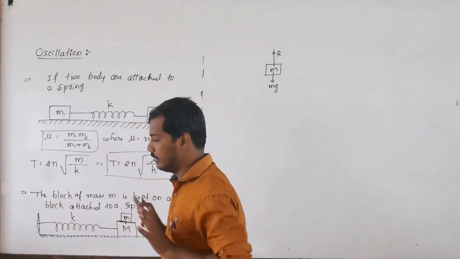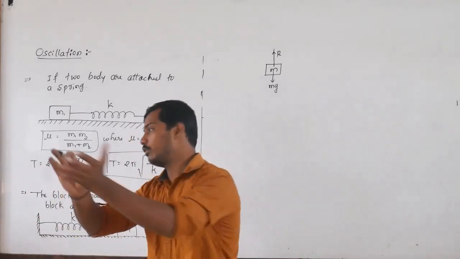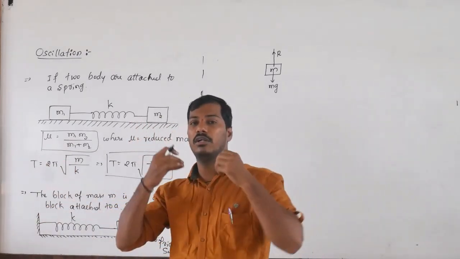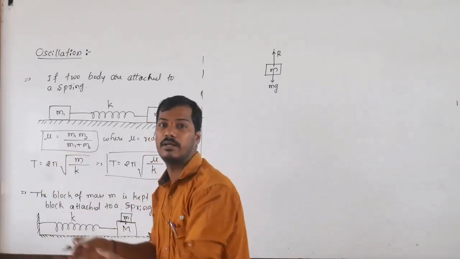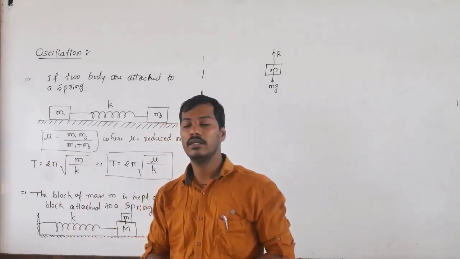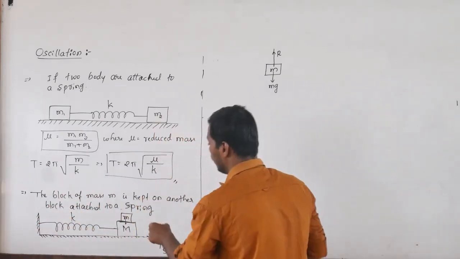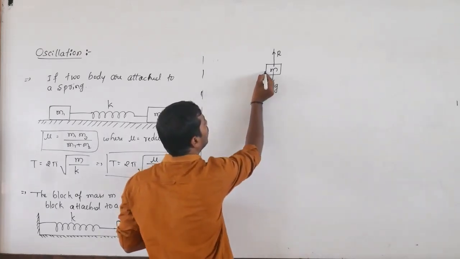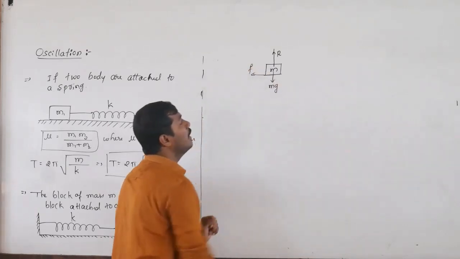If I do not slip from that body, it is nothing but friction between the two bodies. Call this friction F.